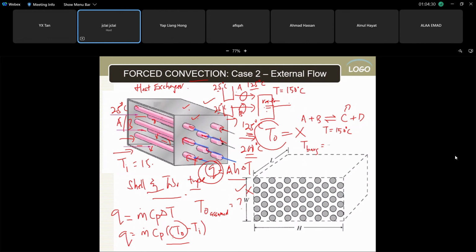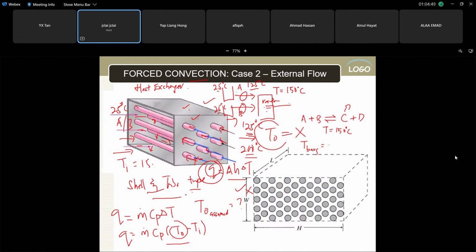I explained this because I want you to understand the concept behind it so that you don't need to memorize so many things.